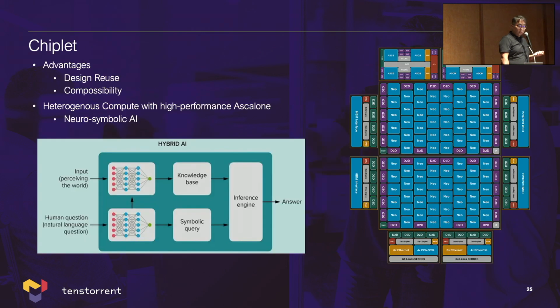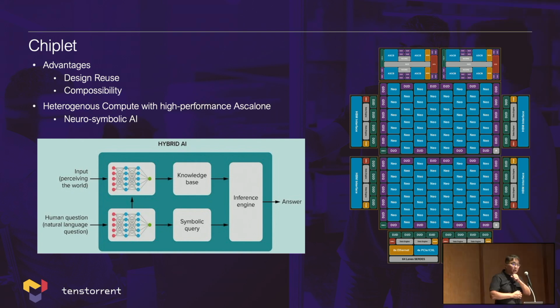So in the future, for symbolic AI computation, you will have sub-symbolic computation using our AI accelerator, while you have the symbolic computation engine using our RISC-V CPU together. So we're building a heterogeneous compute system using chips that have terabytes of bandwidth to communicate with each other.